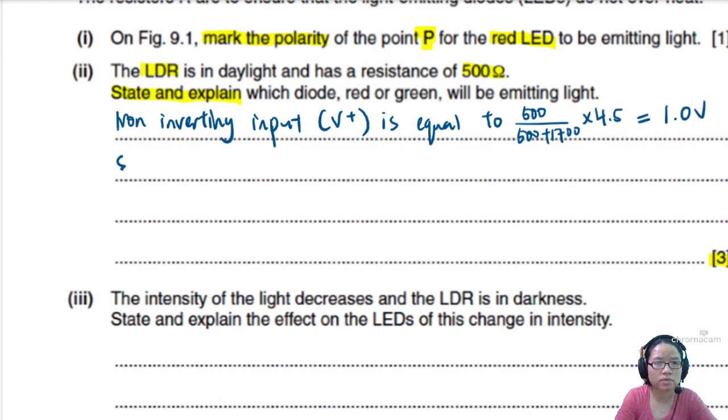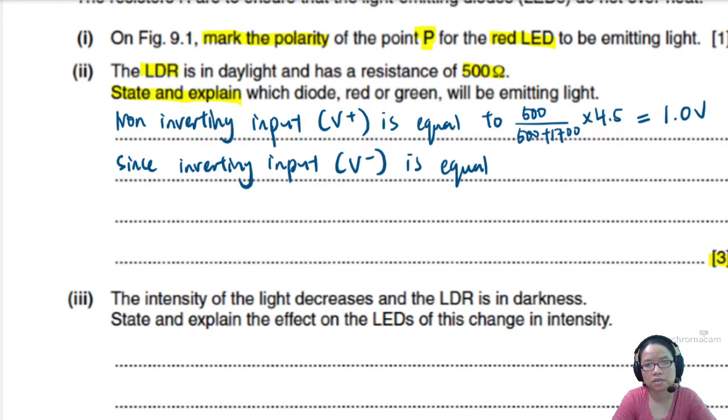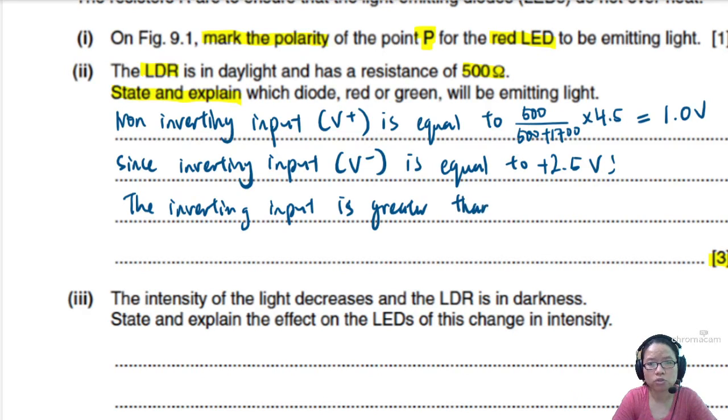And then I'll say since the inverting input V minus is equal to positive 2.5 volt, the inverting input is greater than the non-inverting input.